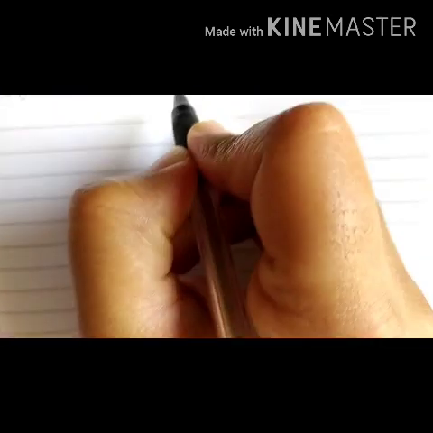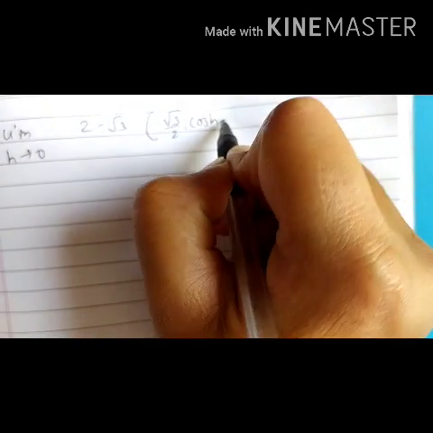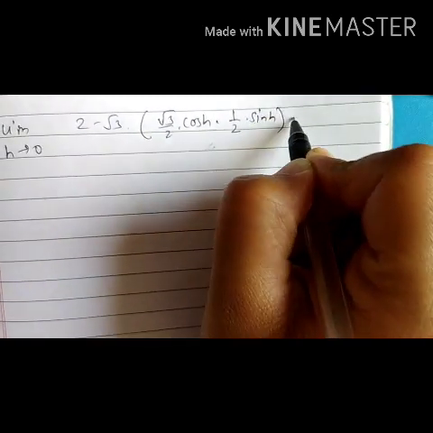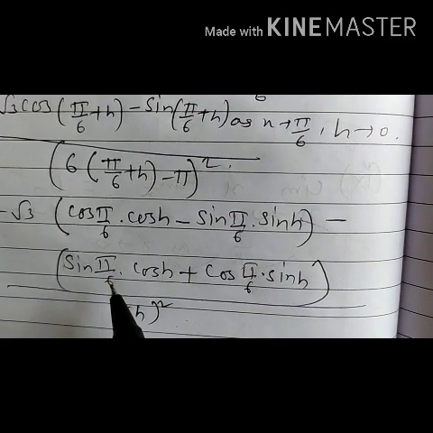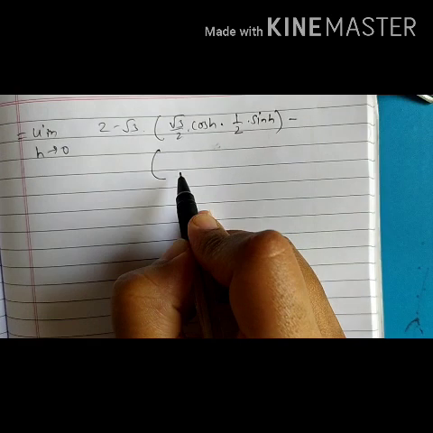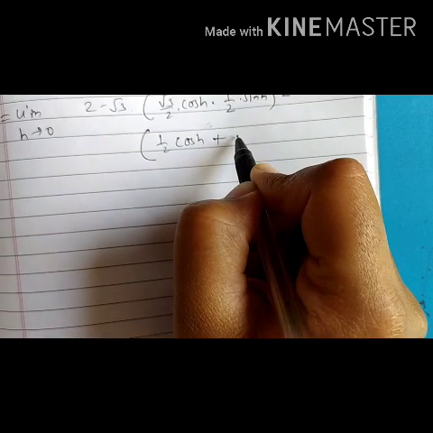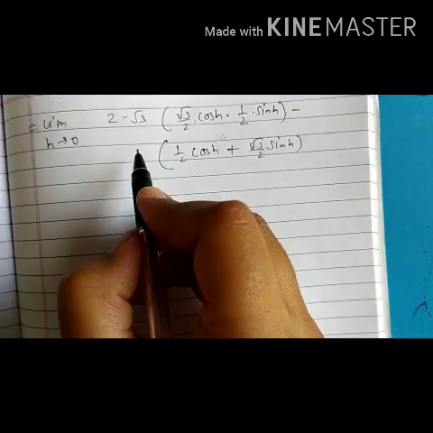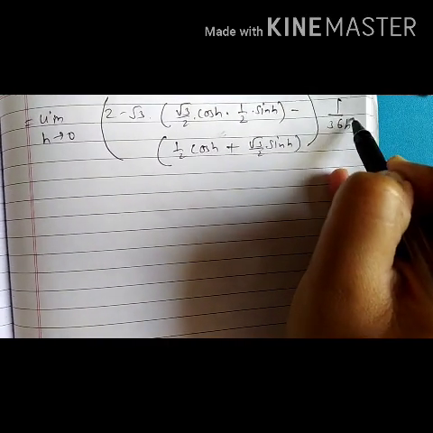So the bracket will be root 3 by 2 into cos h minus 1 by 2 into sin h, minus, sin pi by 6 is 1 by 2 cos h plus root 3 by 2 into sin h, and whole thing divided by, now we can write this denominator as 36 h whole square.